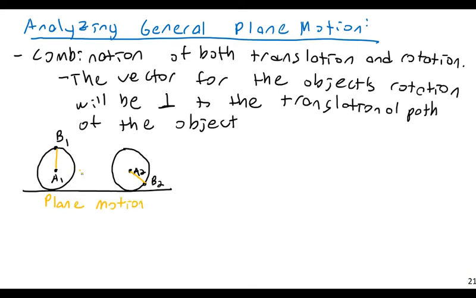If we had pure translation, this thing would just be skidding along the ground. It wouldn't be rotating at all, just like a block along the ground. If it was only rotating, then this axis would just be in a support, like a bracket, and it wouldn't be allowed to translate. It would just be rotating about an axis.